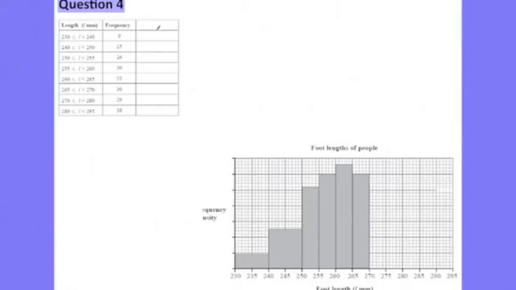So if we have our class widths identified, writing next to them, we have 10, 10, 5, 5, 5, 5, 10, and 10. 15 we have at the end here. So the class widths are going to help us. We don't need to calculate the frequency density of all of them.